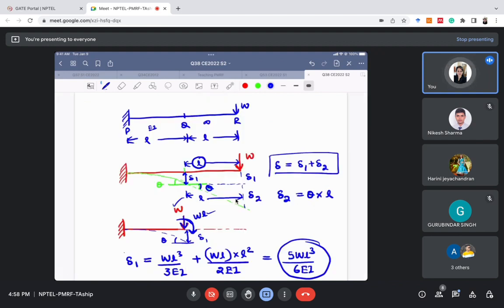The question that was given says the part QR has infinite flexural rigidity. They just want to depict that this part QR will not deflect at all. It will not bend at all. Just to signify that, we don't have to use the value of infinite anywhere here.